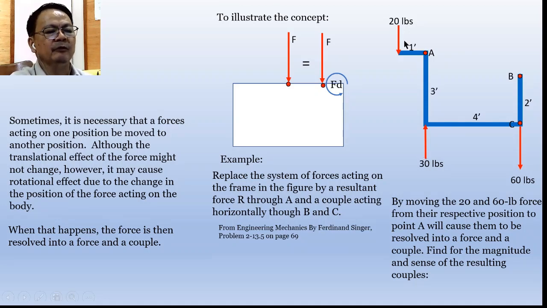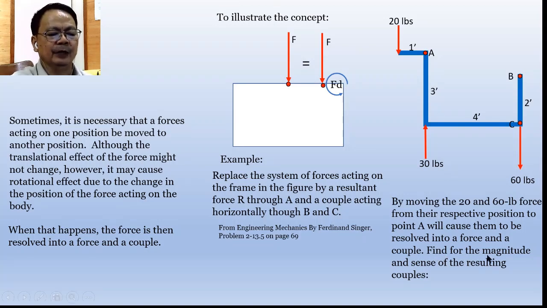If we move this force from this position to that position at A, then this force will be resolved into a pair of a force and a couple. Similarly, if this force is moved from this position to point A, then a resulting force and a couple will be produced. And how are we going to do it?